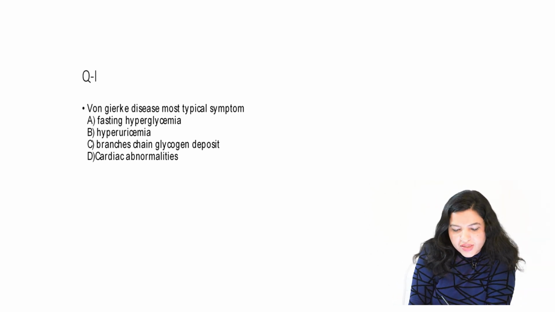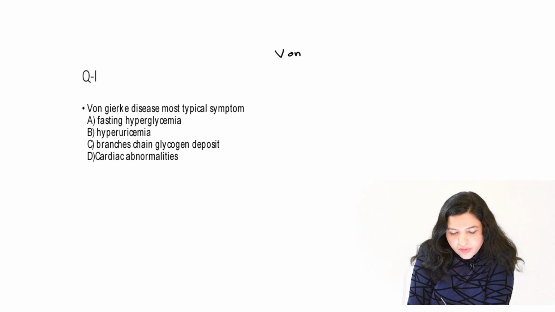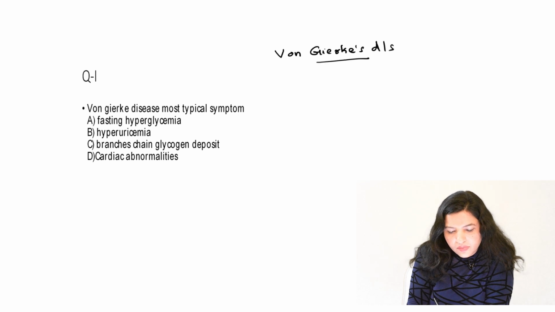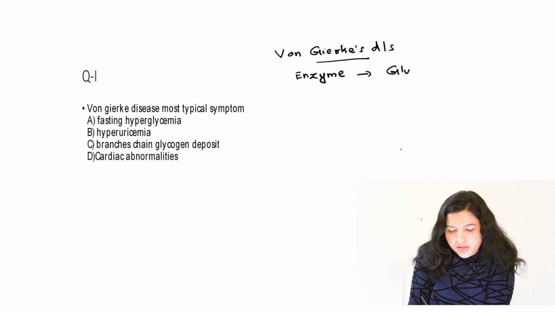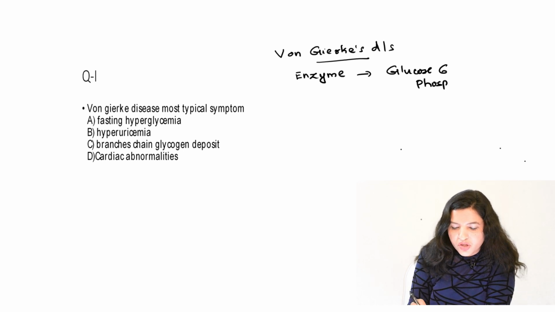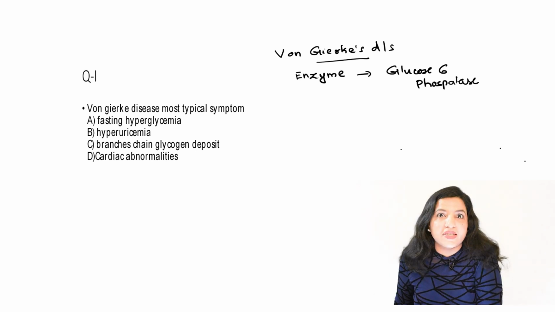In von Gierke's disease, what is the enzyme that is deficient? It is glucose 6-phosphatase. Now, what is the reaction catalyzed by this enzyme?